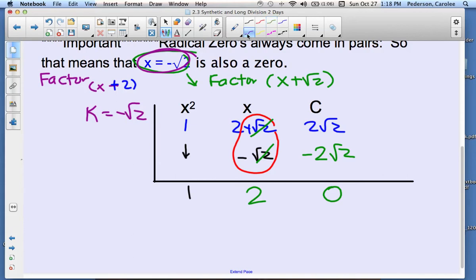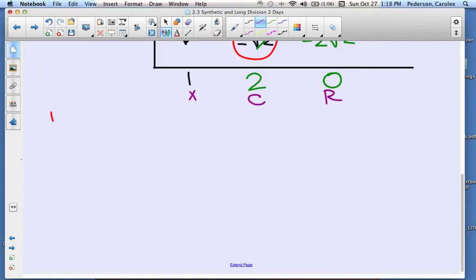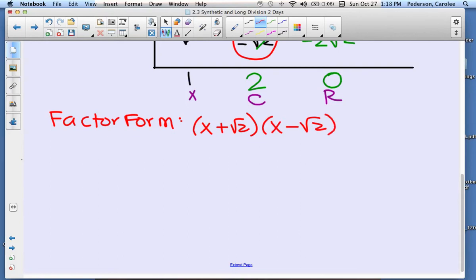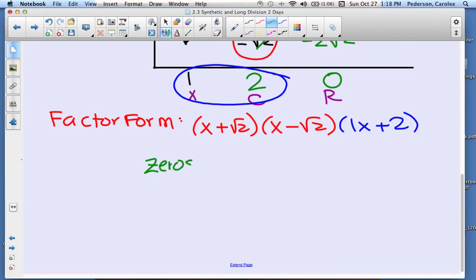Great. So now we're going to drop the degree. So now it's an x, a constant, and a remainder. So in factored form, we had x plus square root of 2, x minus square root of 2, and this remaining factor right here, x plus 2, as zeros. x equals negative square root of 2, positive square root of 2, and this one right here we have to solve for x.